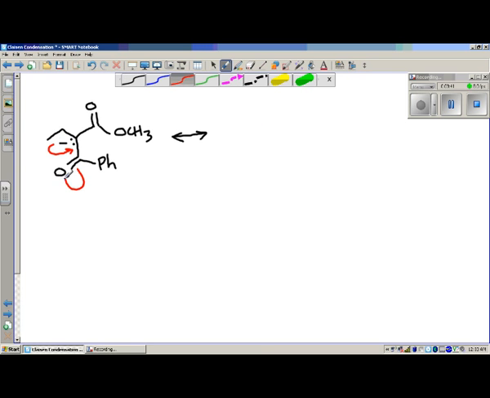Just so you don't think I'm doing something different in the 2 enolates I formed, when I draw out the other resonance structure here, you'll see something very similar to the other enolate we just generated, where I have the double bond between the 2 carbons and the negative charge on the oxygen.